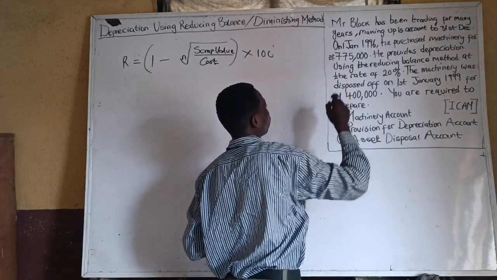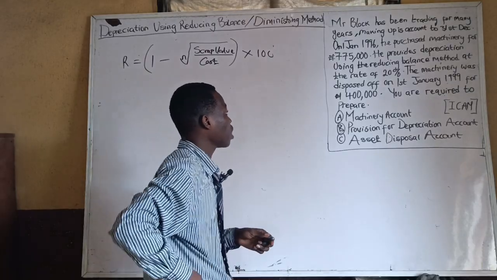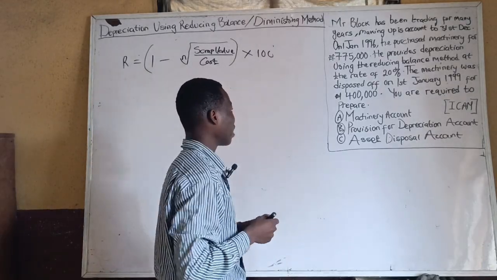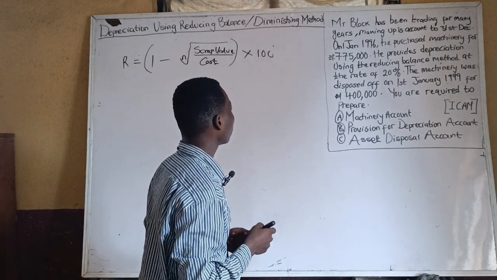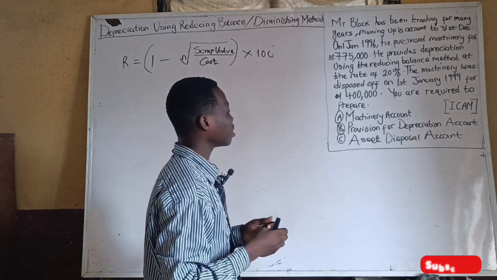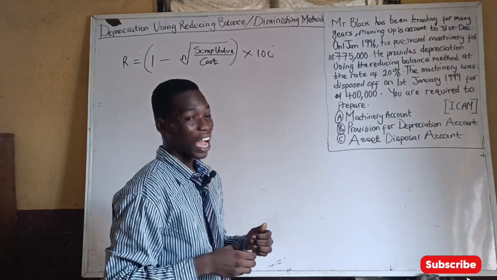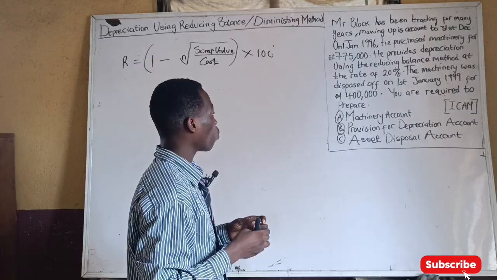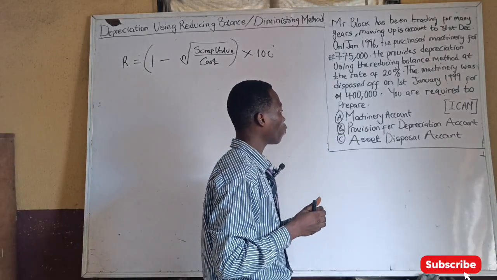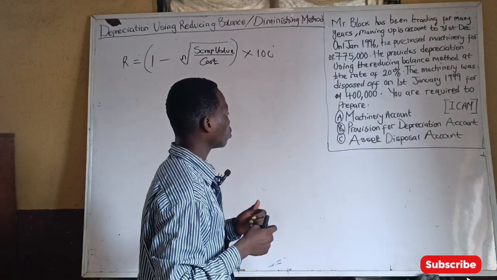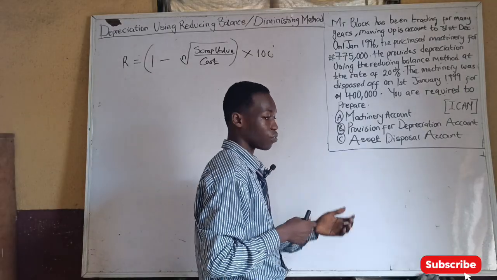On 1st January 1996, he purchased machinery for 775,000 naira. He provides depreciation using the reducing balance method at the rate of 20%. The machinery was disposed of on 1st January 1999 for 400,000. You are required to prepare the following account.